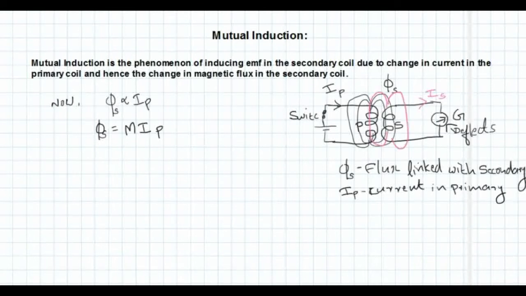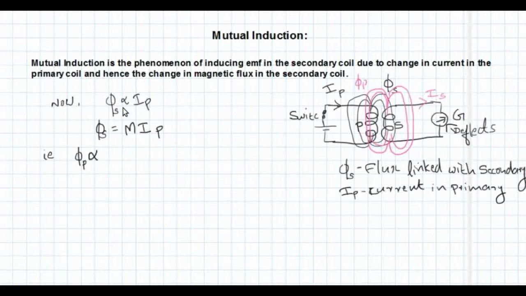The primary coil, right? So now the magnetic flux due to the secondary is linked to the primary. Phi p is the magnetic flux linked with the primary, and this is due to the current in the secondary, so this flux is directly proportional to the current in the secondary.